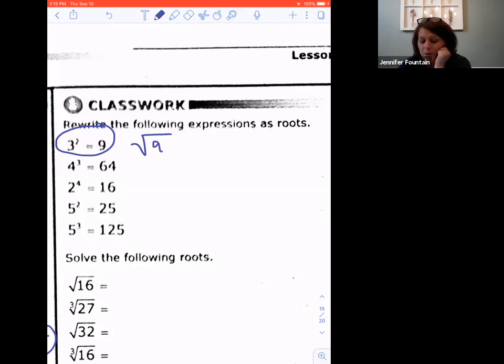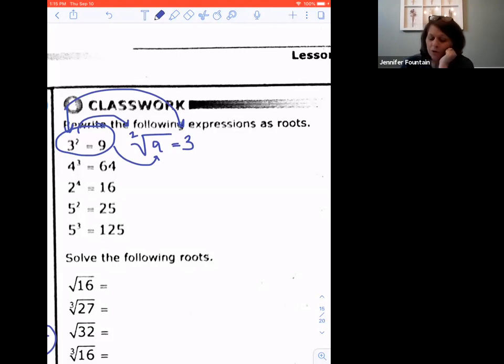My little exponent is what my index is, and this number, 3, goes outside. So this exponent comes here, 9 goes there, and my 3 goes outside. So this shows that the square root of 9 is 3.